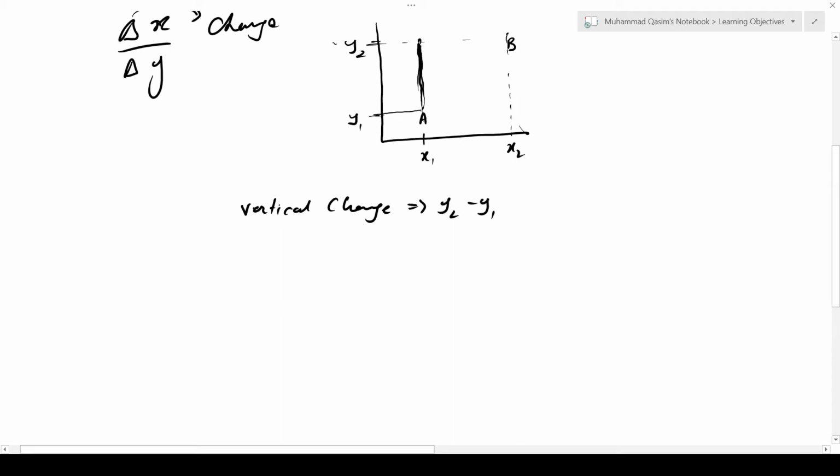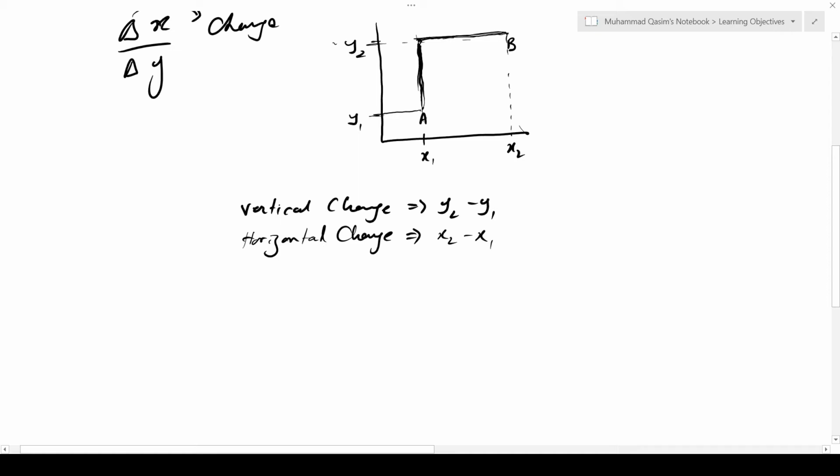And then from here, I will be doing a horizontal movement. In order to determine this distance, it's a horizontal change, and that can be given as x2 minus x1.